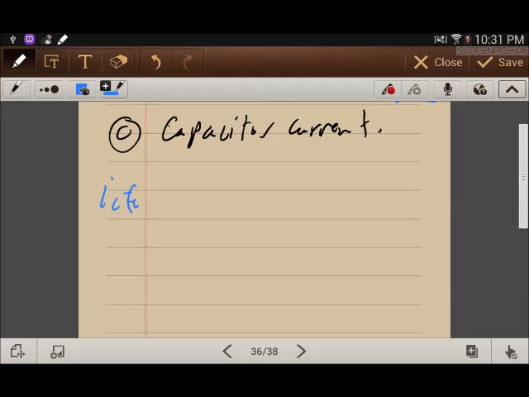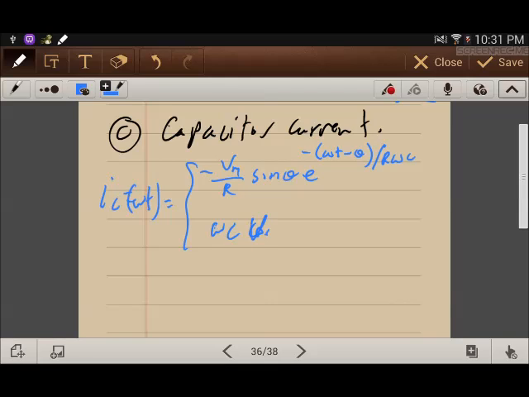IC as a function of omega t is equal to minus V maximum over R sine theta e to the power of minus (omega t minus theta) over omega RC, and here it's omega C V maximum cosine omega t.